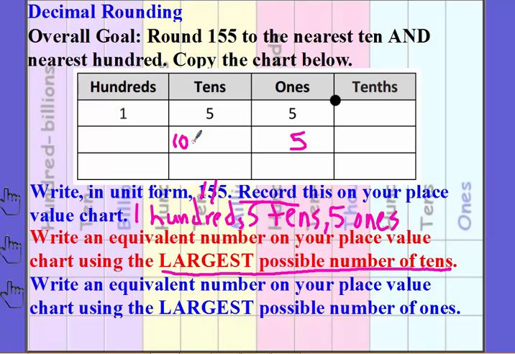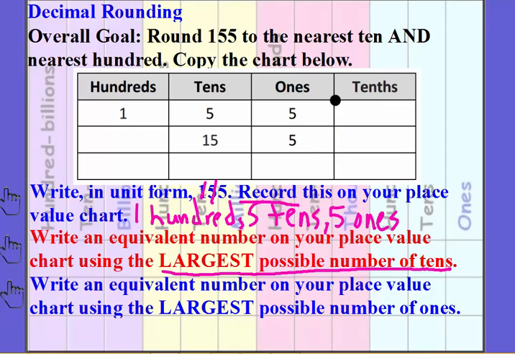This one is becoming that 10 tens, and 10 plus 5, as we know, is 15. So I have 15 tens and 5 ones.